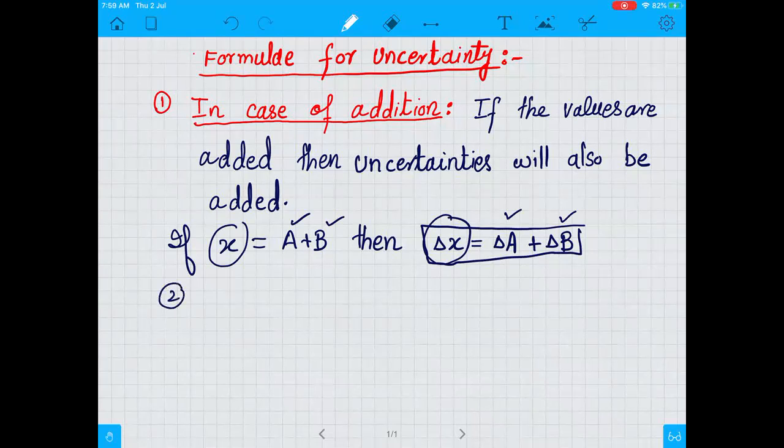Number two, for subtraction. Rule for uncertainty while subtracting the values.